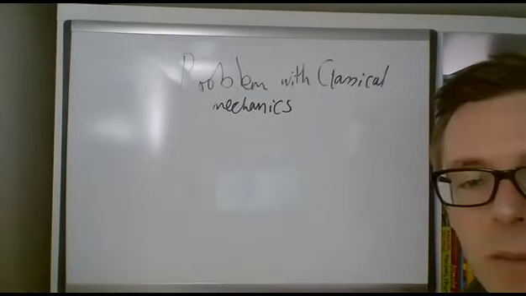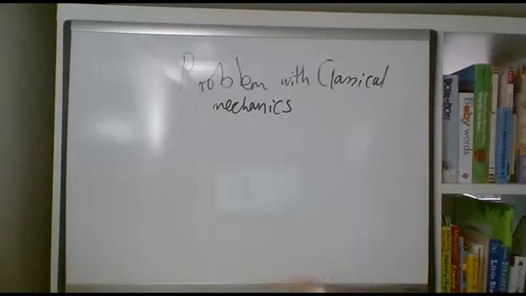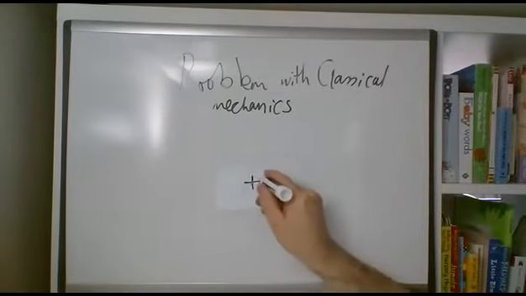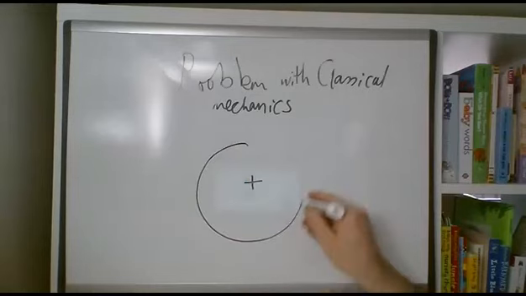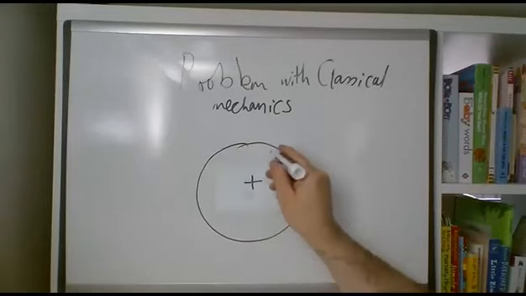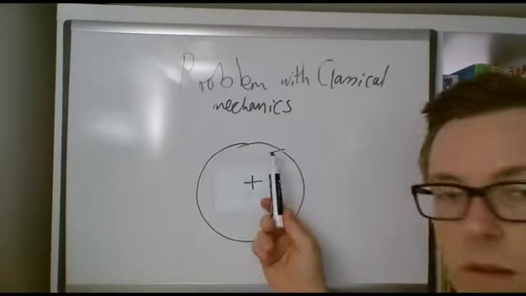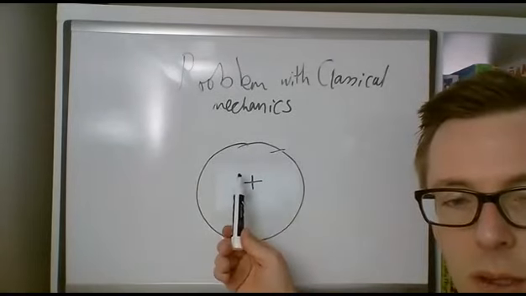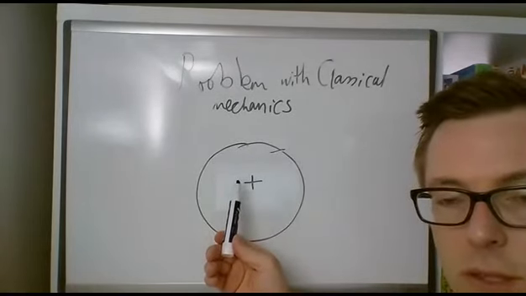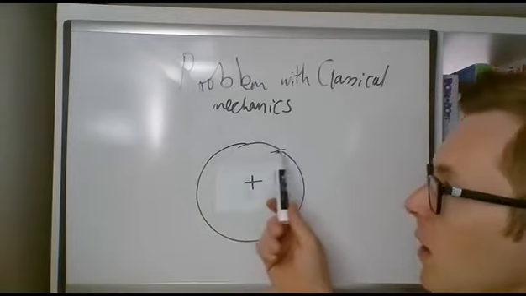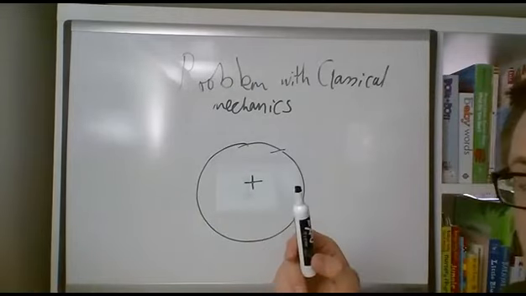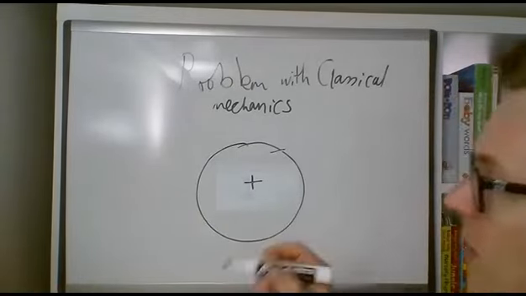So remember, classical mechanics, this is up to Rutherford. So if you consider the Rutherford atom, you've got an electron from Thompson's model, but now you've got the nucleus from Rutherford's model. Well, it was known that opposite charges attract according to Coulomb's law.